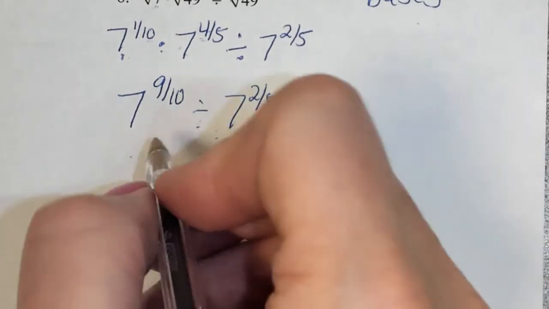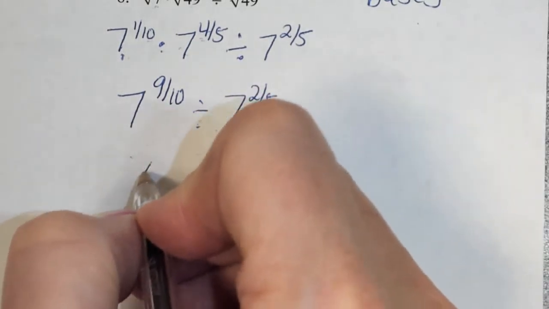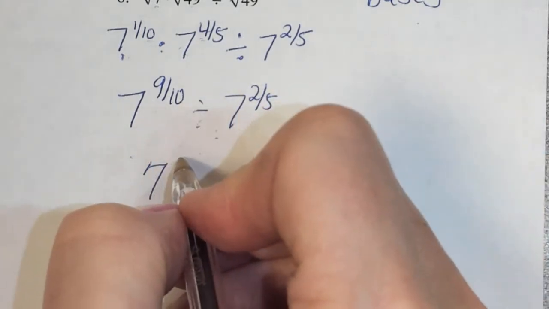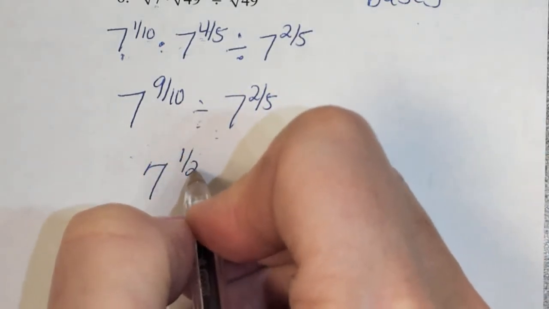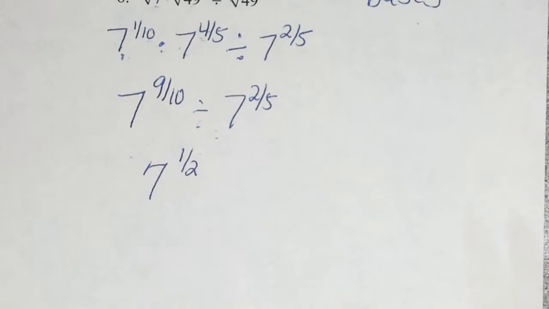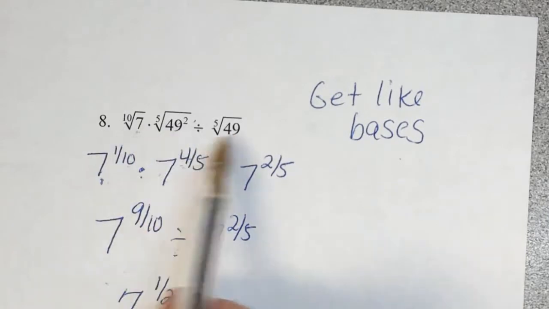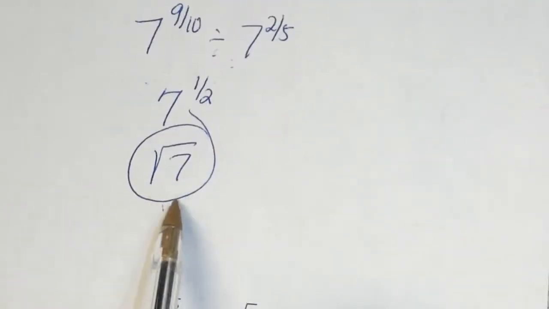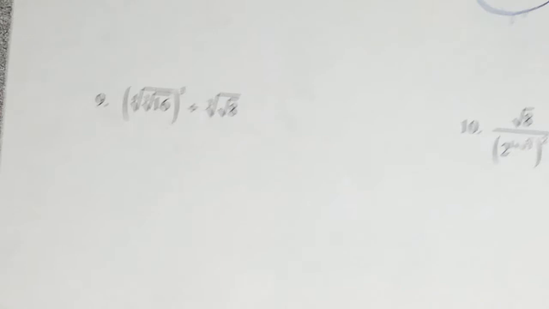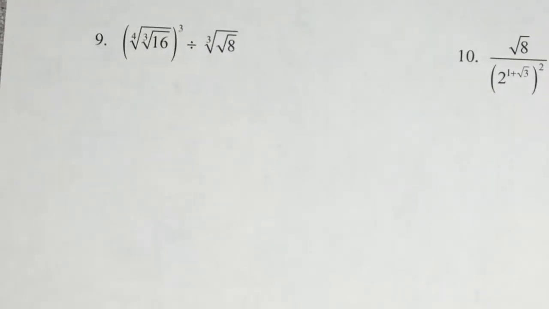Subtract. Okay, Jessica, what do I get if I subtract those? 7 to the 1/2. Good. Okay, and then what's another name for 7 to the 1/2, everybody? Radical 7. So all of that mess up there is just radical 7. Okay, just trying to simplify. Look at this one. Looks so fun. I love these.